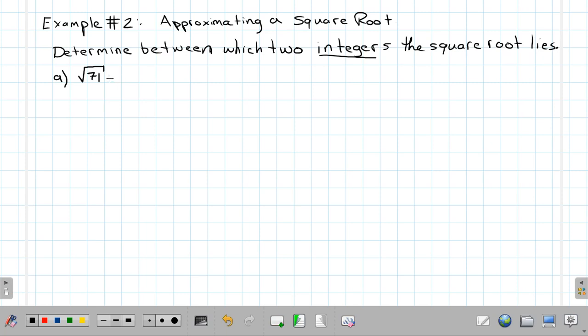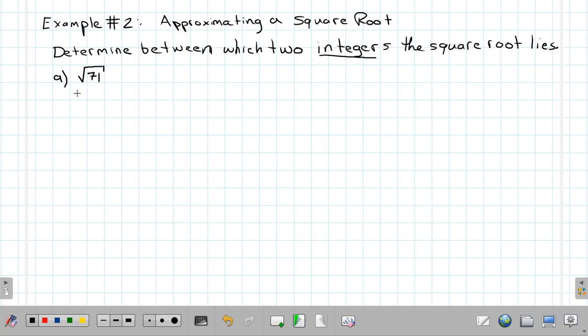Well, if you know 71 is between 64 and 81, then the square root of 71 has to be between the square root of 64 and the square root of 81, which is 8 and 9. So the answer is that this square root is somewhere between 8 and 9. It's 8 point something. That's approximating a square root.